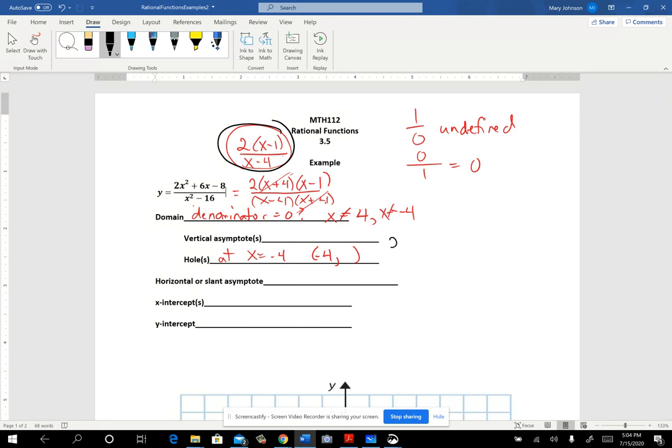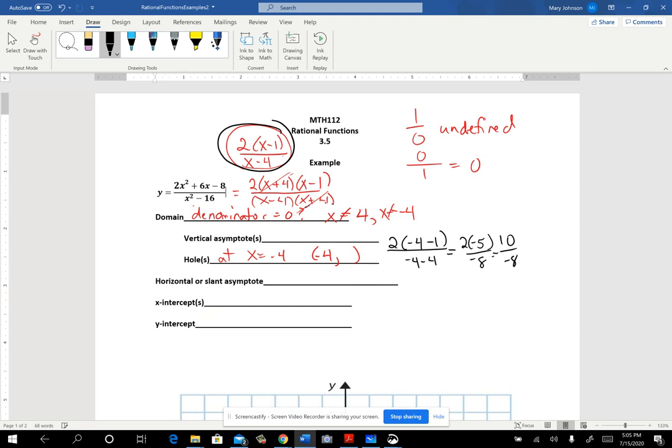If you plug negative 4 into what's left, where you've already removed the factor that would have become 0, you can find the coordinates of the hole.